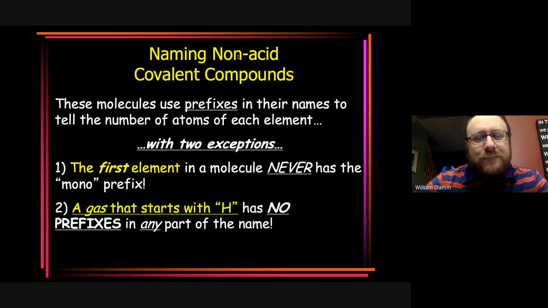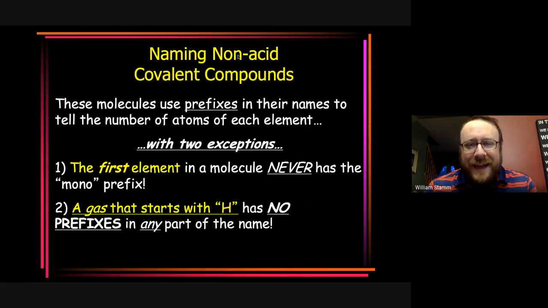The second rule is much more obscure, but it does happen every once in a while. This is kind of a weird one, because if you have a gas that starts with H, we just said a bit ago that H is a good signal that this might be an acid. But if it's a gas, I would have to tell you it's a gas. Usually I put a little parentheses G behind it, which stands for gas.